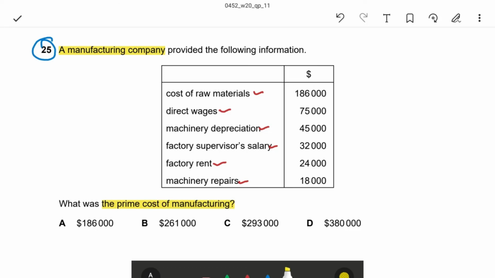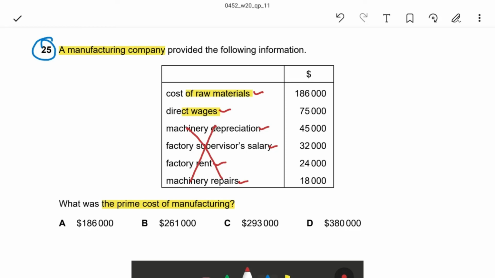Prime cost means all the direct expenses: raw material, wages and other direct expenses. Here, raw material and wages are direct; all the other expenses are overheads and will not be included in the prime cost calculation.